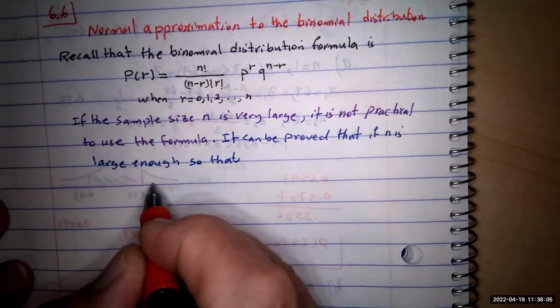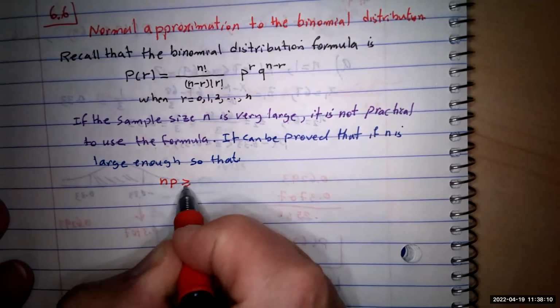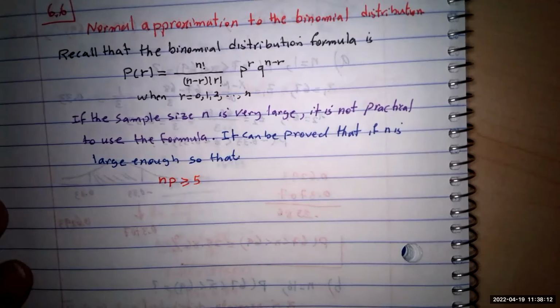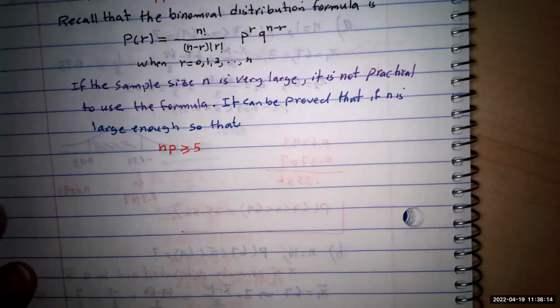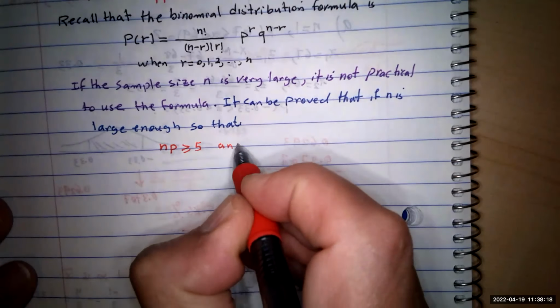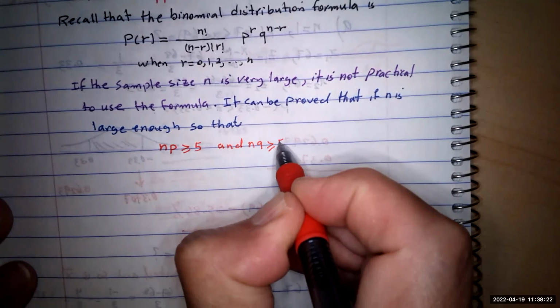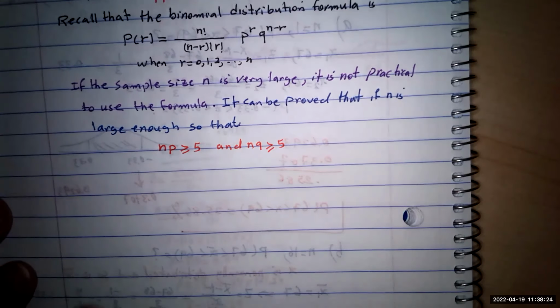The first condition is n times p must be greater than or equal to 5. You know that p is the probability of success, n is the sample size. And n times q must be bigger than or equal to 5. This is the condition that we need for that approximation.